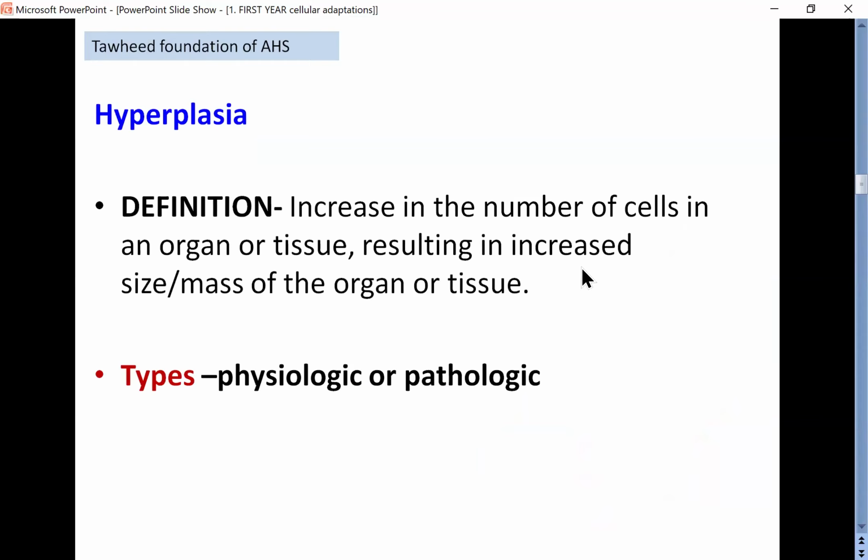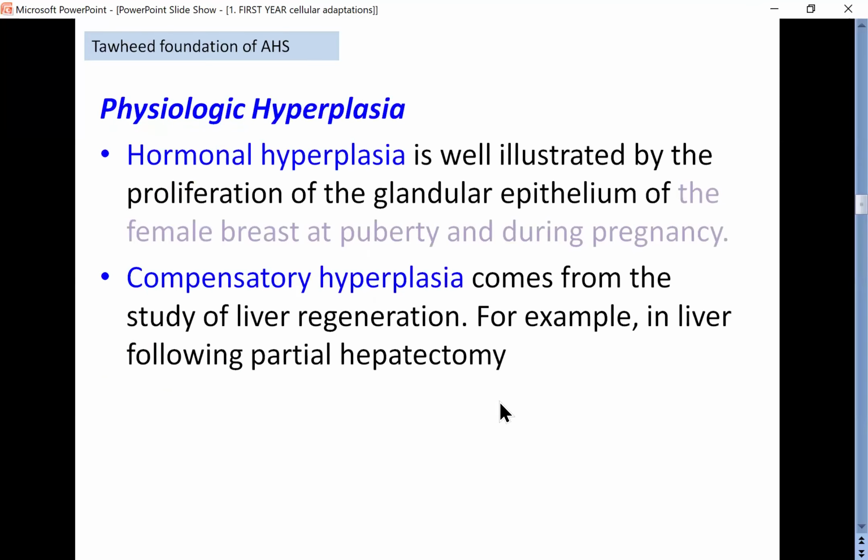So here also we have two types: physiological, which normally happens in every person, and pathological, only seen in a diseased condition. With physiological hyperplasia, almost all people will undergo hormonal hyperplasia, whether male or female.